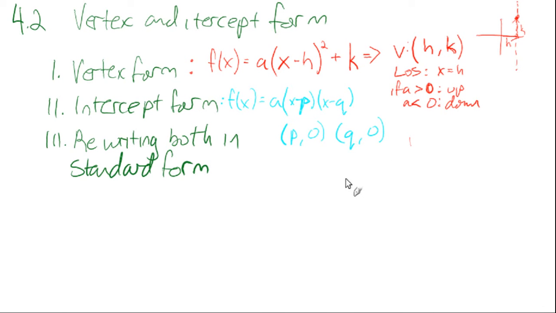Or in other words, we are going to see points on the x-axis at x equals p and x equals q. Okay, so we're going to have two x-intercepts there, and I'll just say that these 2 points are on the graph.